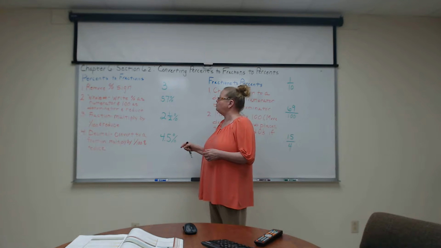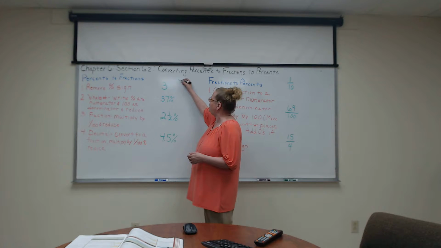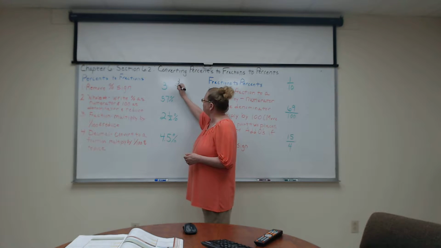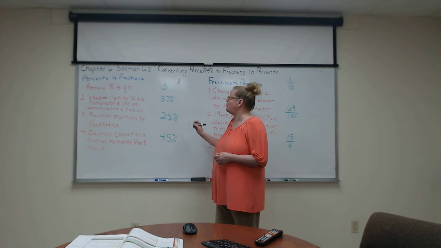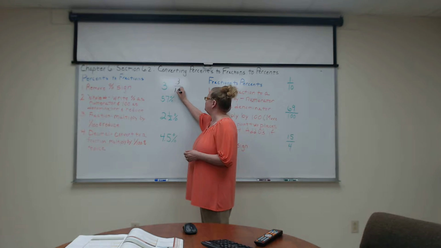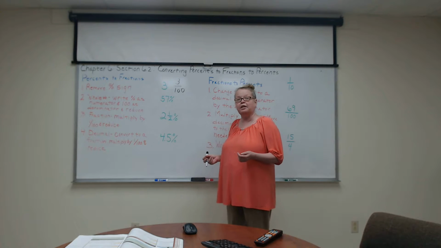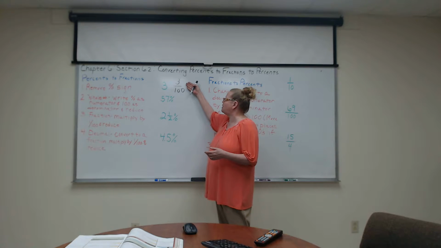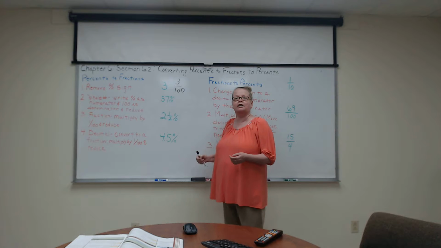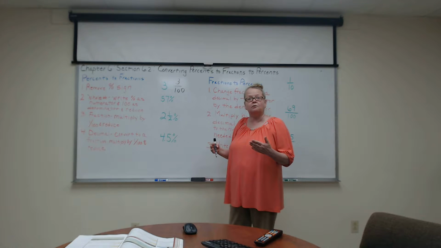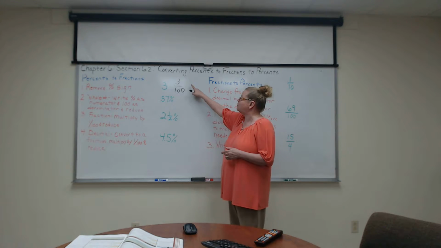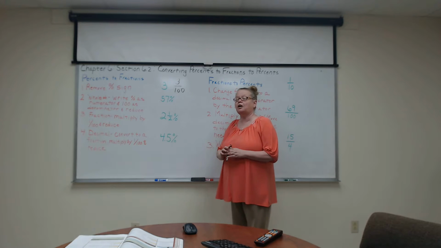Because this is a whole number, we write the 3 as our numerator and the 100 as the denominator. We check to see if we can reduce. There is no number that will divide evenly into 3 and 100, so it is already reduced to lowest terms. Our answer is 3/100ths.